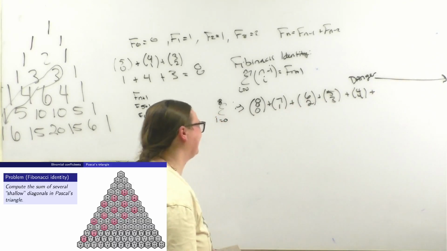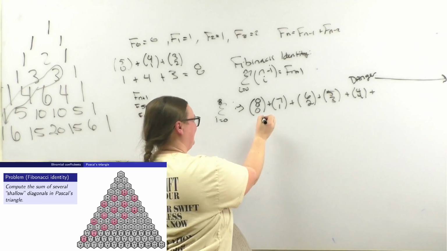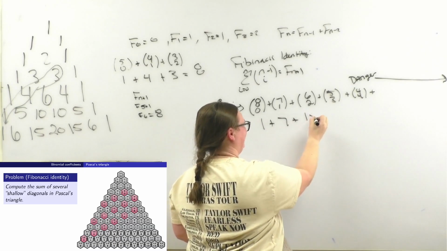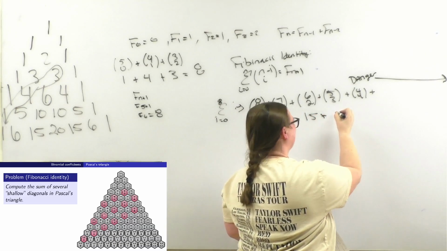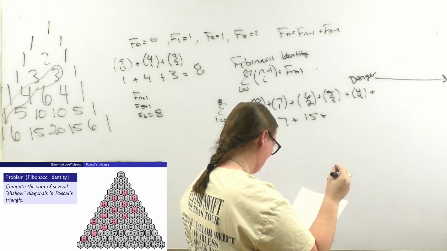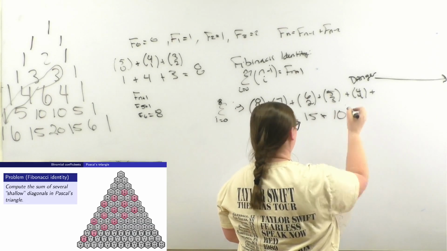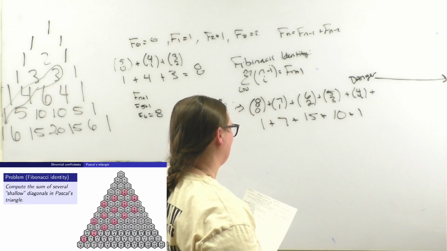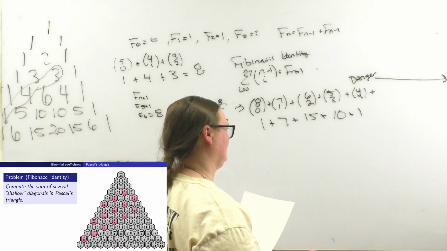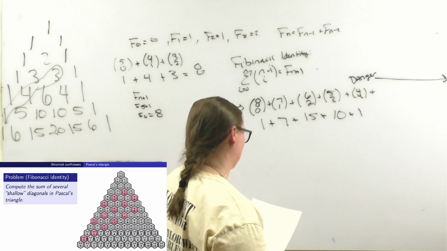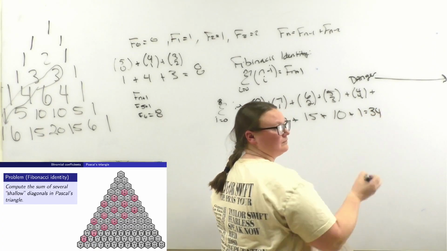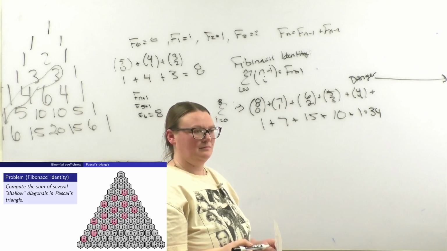So 1, 7, probably 15, and then 20, 10. You're right. 17 plus 2 is 19. What's 9 plus 7? 21.